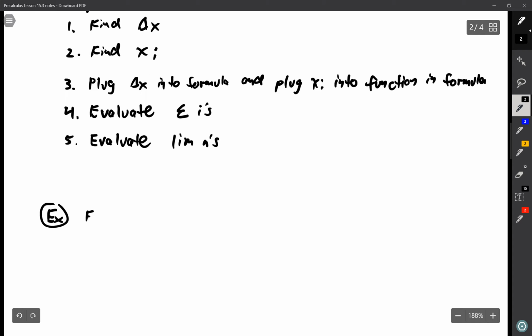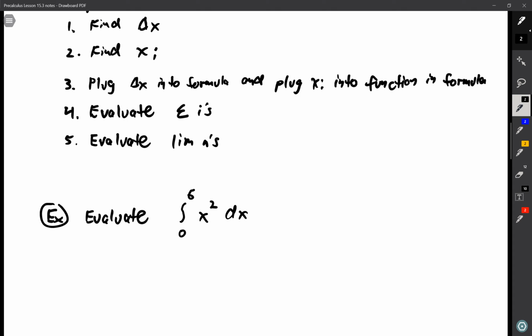So let's evaluate the integral from 0 to 6 of x squared dx. In other words, we want to find the area under this parabola going from an x value of 0 to an x value of 6, and the area from the parabola down to the x-axis.